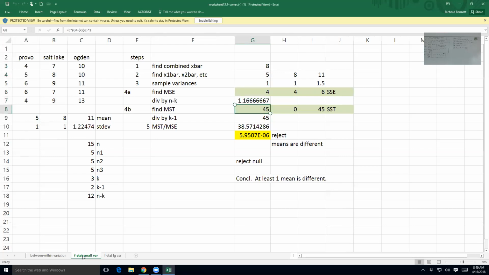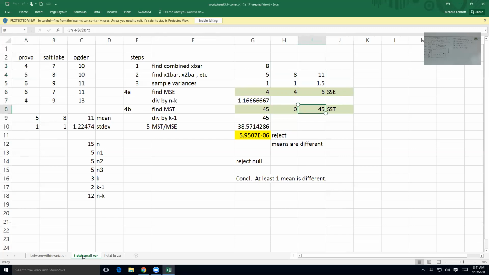Now I'm going to do the same thing here. 8 minus 8 is 0. 0 squared is 0. And then 11 minus 8 is 3. 3 squared is 9, and 9 times 5 is 45.